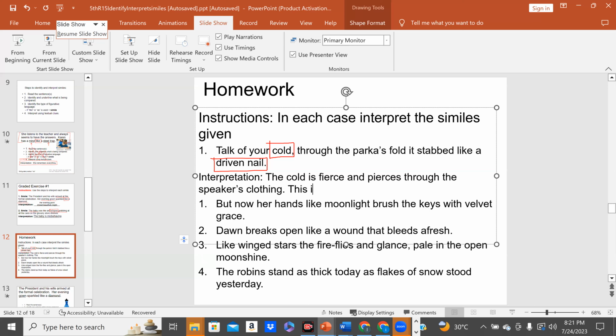This indicates an extremely cold environment.